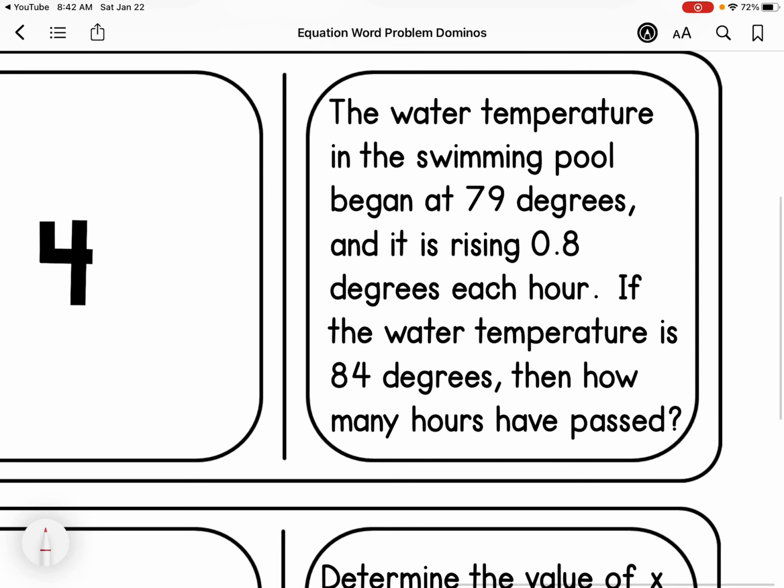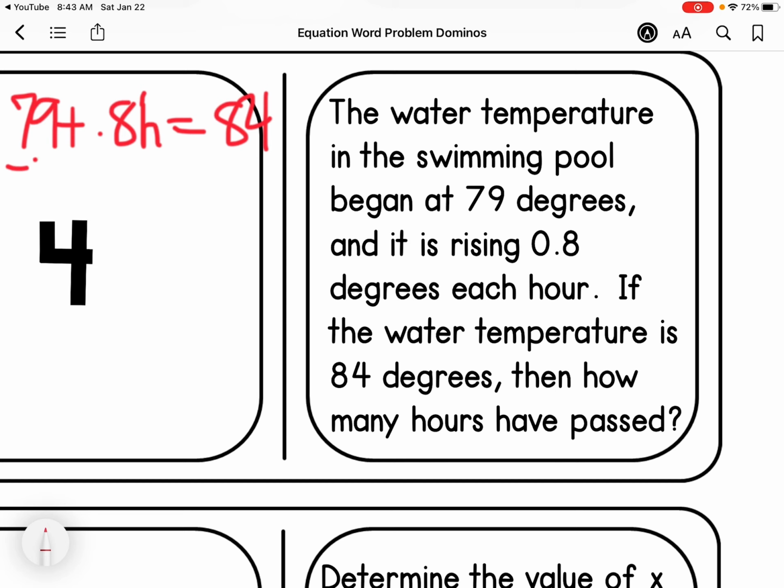The water temperature at the swimming pool began at 79 degrees and is rising 0.8 of a degree each hour. If the water temperature is 84 degrees, then how many hours have passed? So I'm at 79 plus 0.8H equals 84. Subtract 79. 0.8H equals 5.